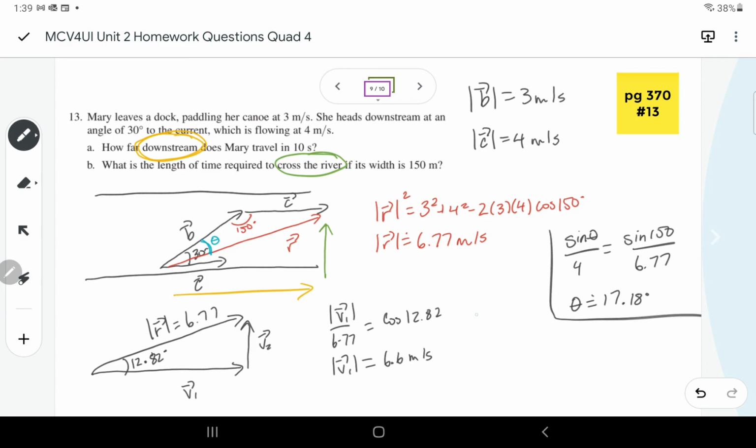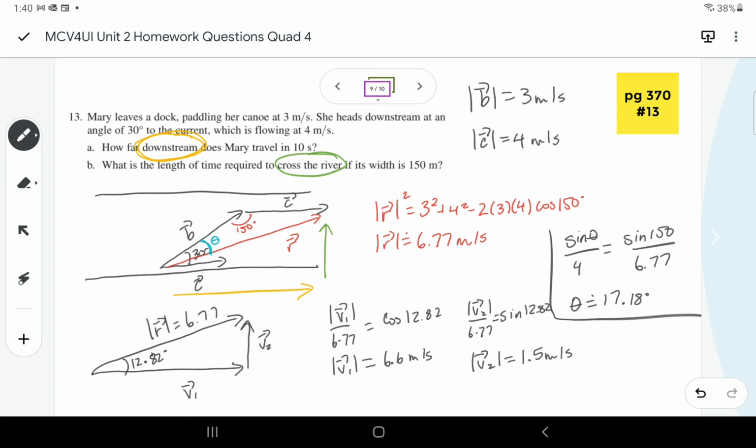And then I'll do the same for V2, because the magnitude of V2 over 6.77 is sine of 12.82. So figuring that out, I get 1.5 meters per second going perpendicular to the bank.